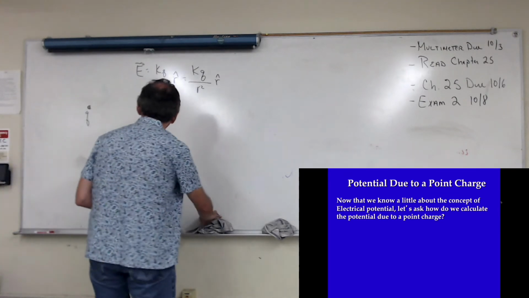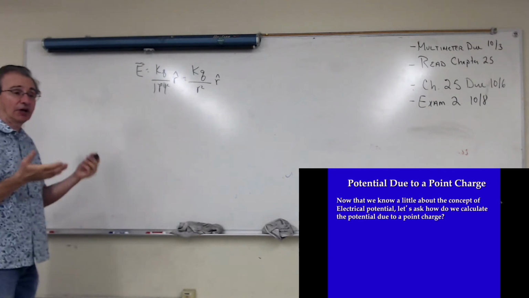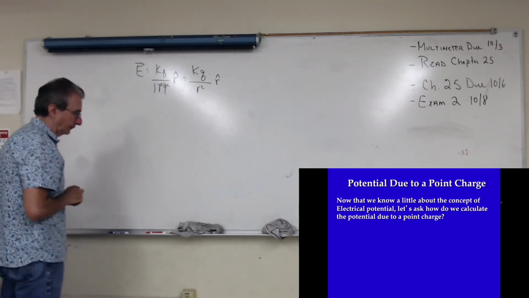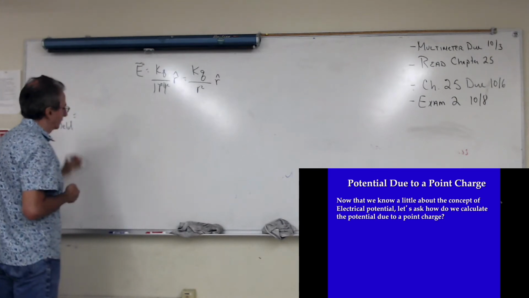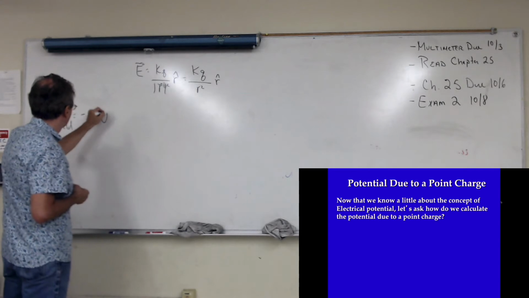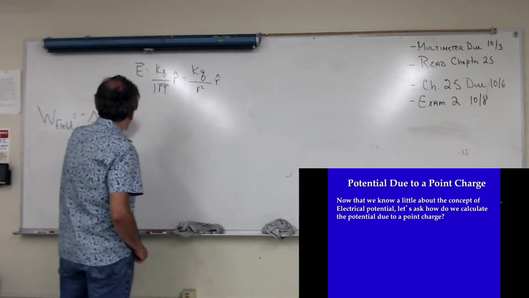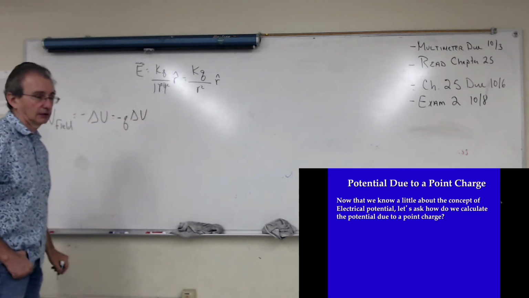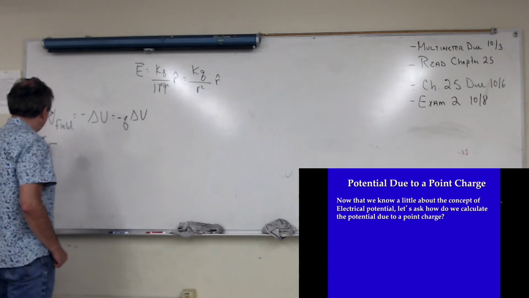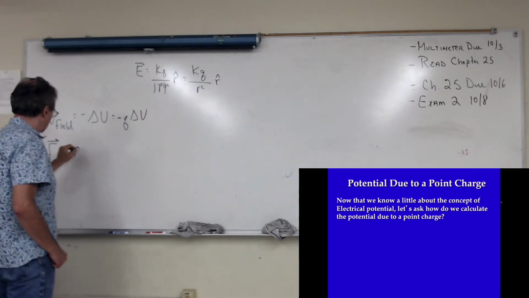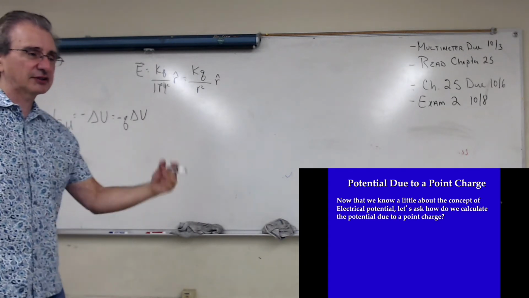Okay, so let's go back to what we talked about the other day. We said that the work done by the field is minus delta U, which is minus Q delta V. The work done by the field is the integral of F dot dr, where F is the force due to the electric field.